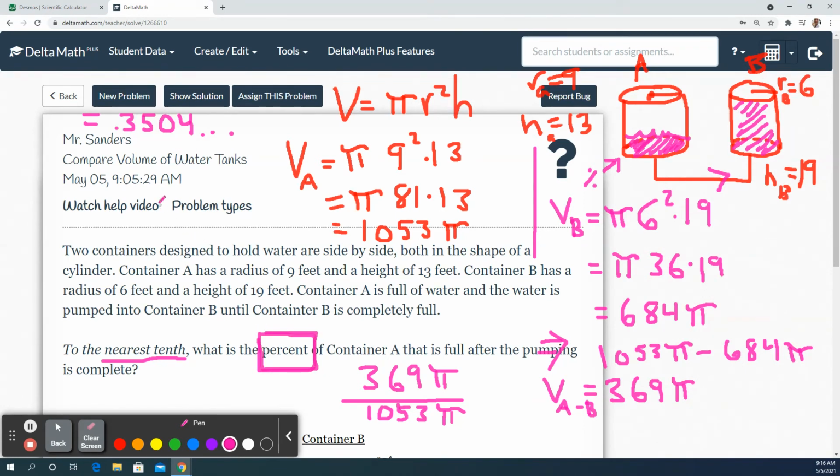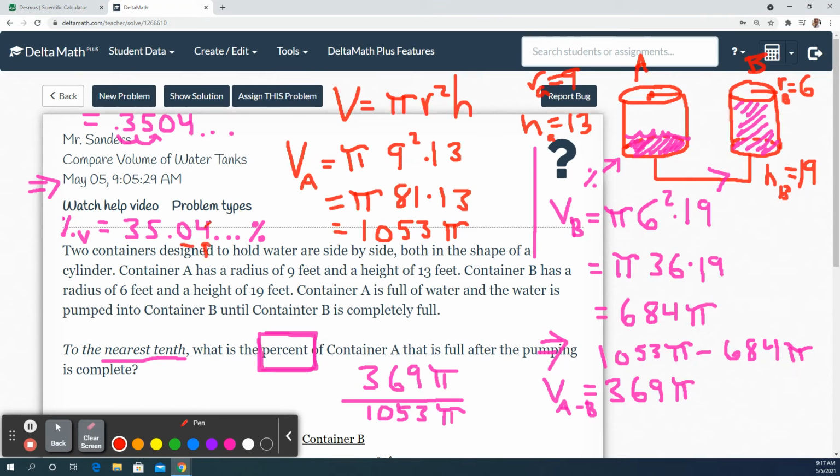Okay, so percentages means that this is 0.35, and we're basically just moving the decimal twice. So this implies that our percent volume is going to be equal to 35.04... percent, and we want the tenths place.